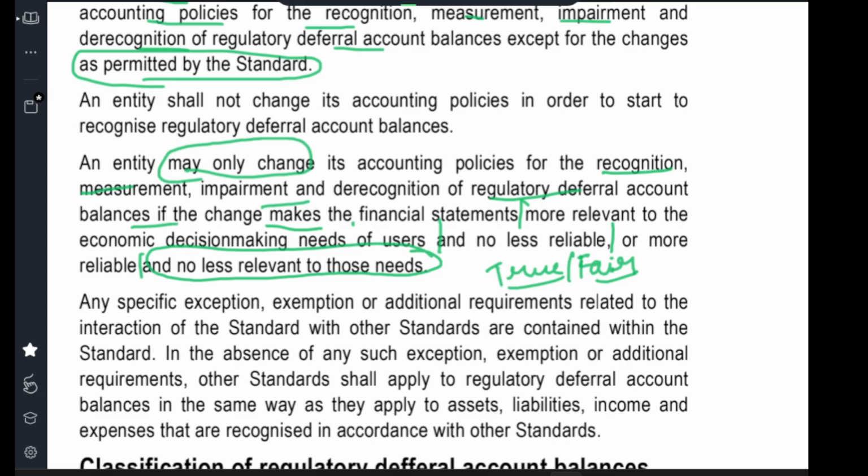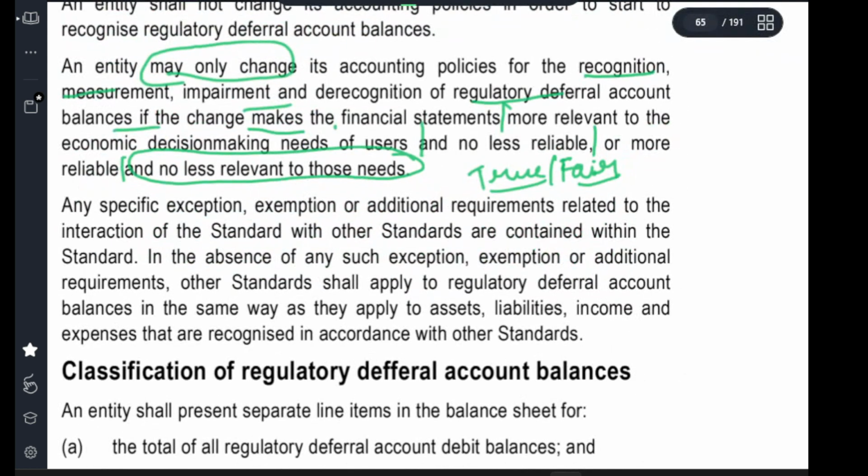There should not be any change in the accounting policy other than as indicated, not outside the scope of it. Specific exceptions, exemptions, and specific additional requirements related to the interaction of the standard with other standards are contained within the standard. So any specific change should be within the standard, not more than the standard.